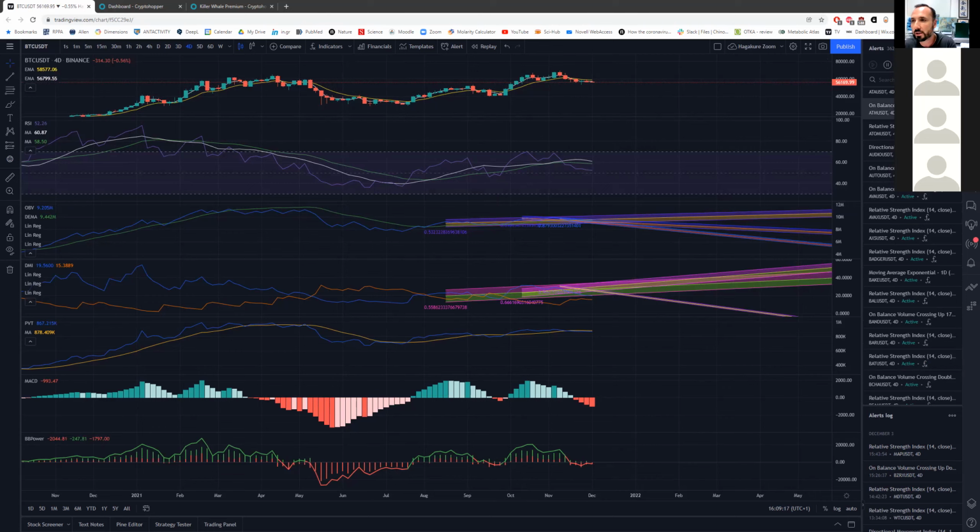Even though you see 5, 10, 20, 30 coins in the coin list, I check almost 400 coins per day. Out of all those coins, these are the only ones that have 5 or 6 different buy signals that have to line up. That's why it gets filtered down so thoroughly.